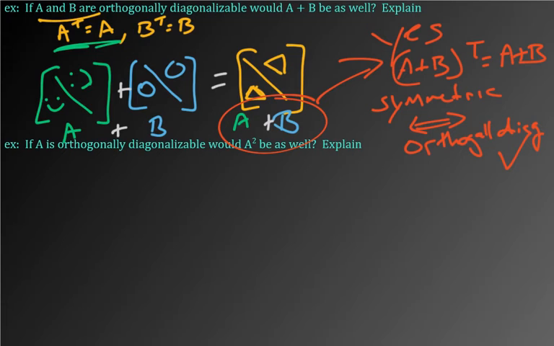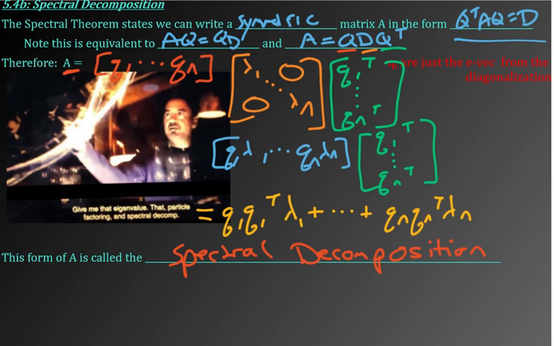If A is orthogonally diagonalizable, would A squared be? Or so on and so on? So for A being orthogonally diagonalizable, we know that, I'm just going to go back because there are three ways I can write this, and I'm going to want this one here.